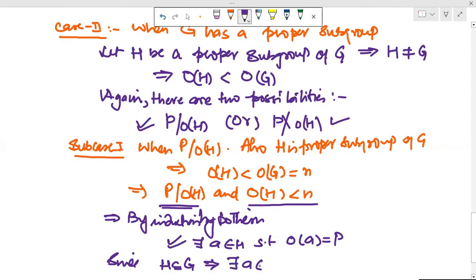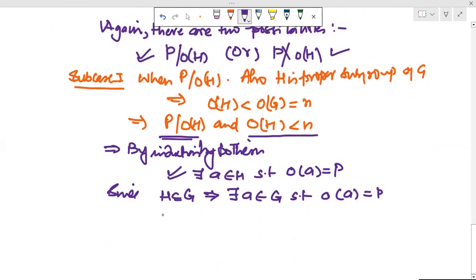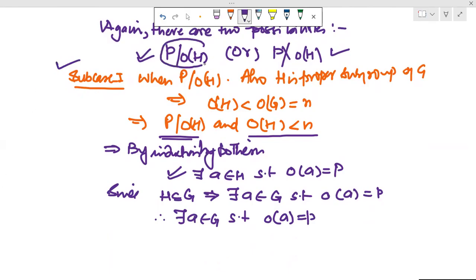So there exists an element a in G such that the order of a is equal to P. So the result is true in subcase 1, when P divides the order of H.